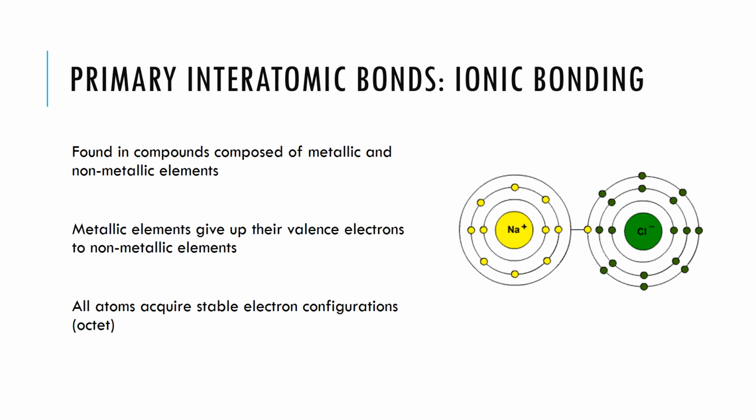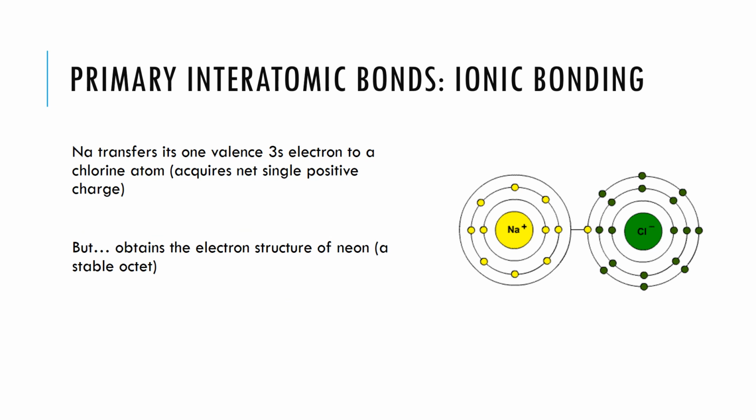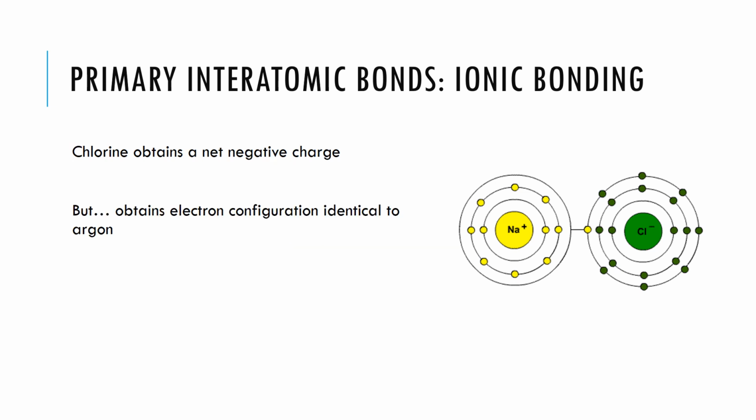So both of those elements there are now happy and satisfied. Now, in the process, chlorine obtains a net negative charge and sodium obtains a net positive charge, but both of these atoms now have a stable outer shell.